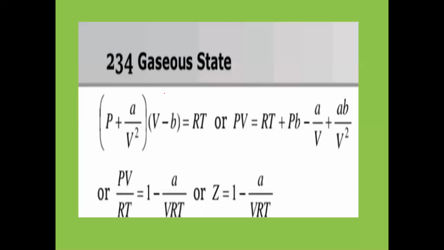Now, what is the condition when pressure is low? When pressure of gas is low, not very low, not extremely low, the volume is somewhat large. The volume of gas is large enough to neglect the value of b.